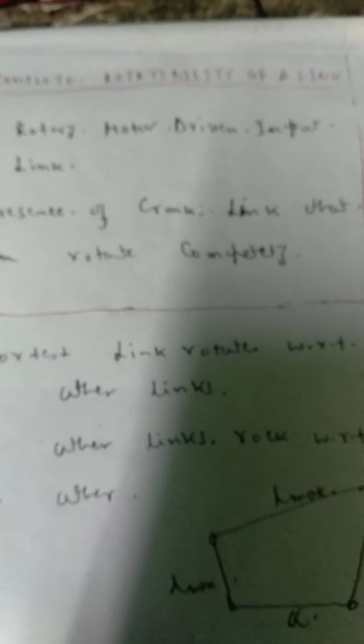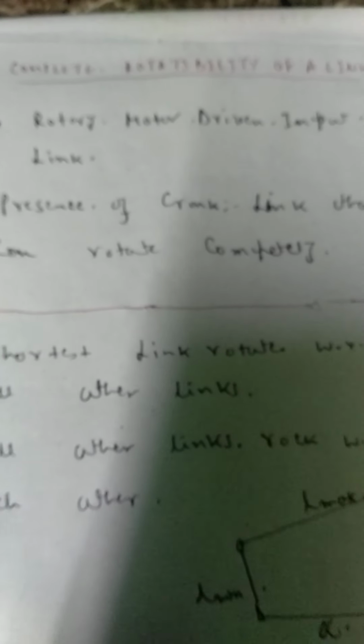Now we'll also discuss something about the inversions of the 4R Grashof's chain. So what is an inversion? The inversions are the various possibilities depending on the choice around the link.